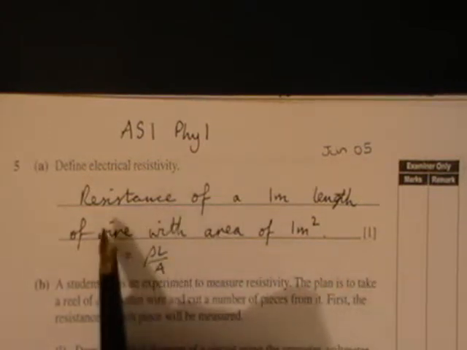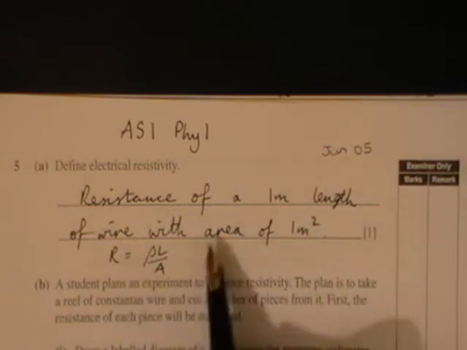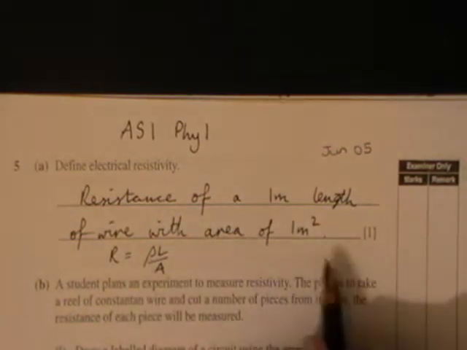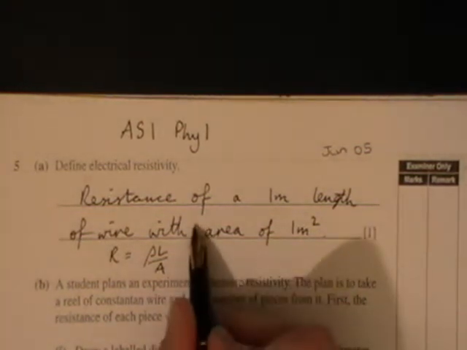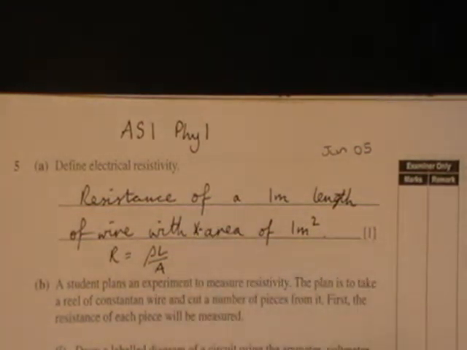So the resistivity is the resistance of a 1 meter length of wire with a cross-sectional area of 1 meter squared. Probably better to write in there cross-sectional area.